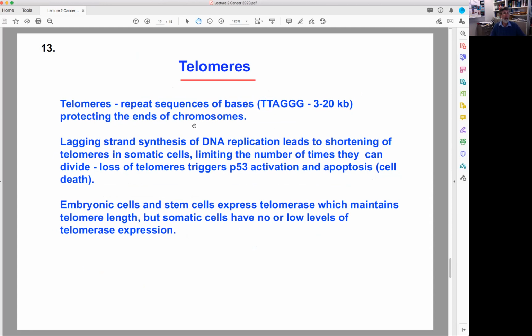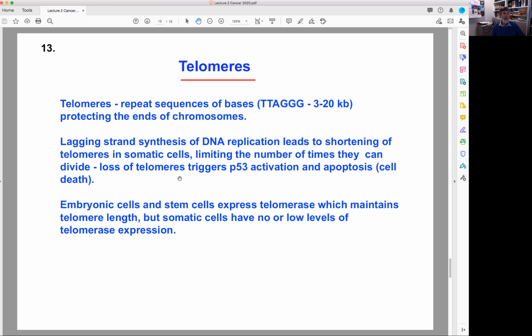So remember that lagging strand synthesis of DNA replication leads to shortening of the telomeres in somatic cells. This limits the number of times they can divide, and the loss of telomeres triggers p53 activation of apoptosis, leading to apoptotic death of the cell. So once they lose their telomeres, they become senescent and undergo apoptosis.